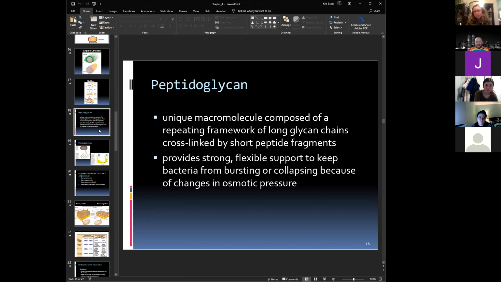Now, because a thin cell wall isn't helpful, a gram-negative will tend to add an external layer to the peptidoglycan, and I'll show you that in a second. It has things in it like lipopolysaccharides, so lipids and sugars specific to the bacterium woven together to make a very fatty addition to the cell wall.